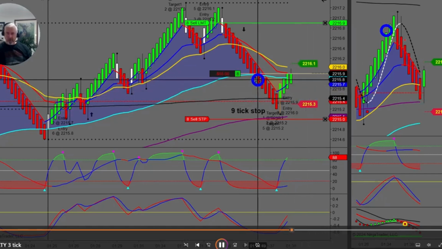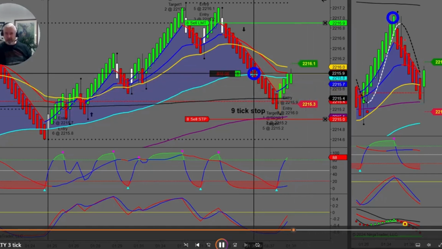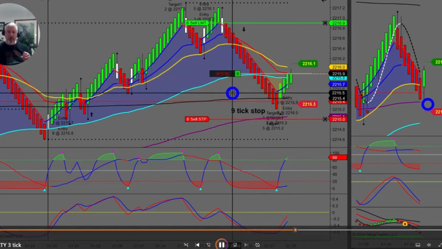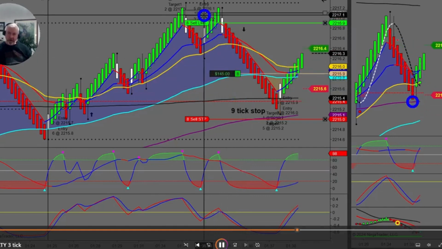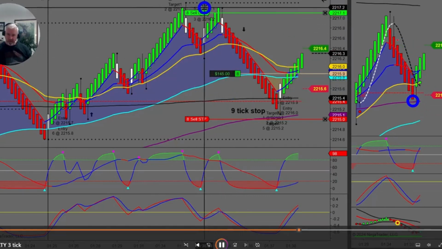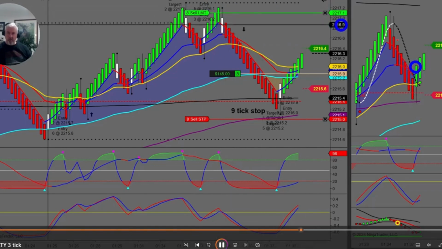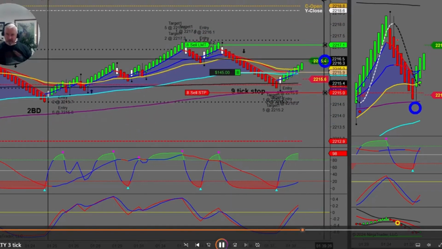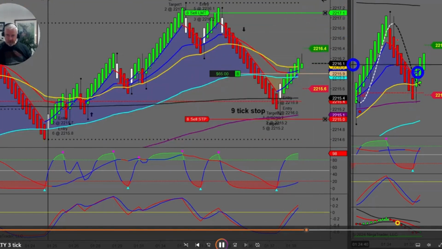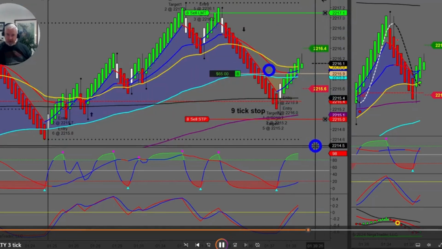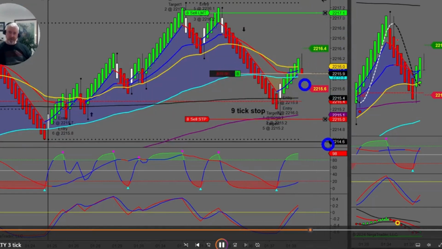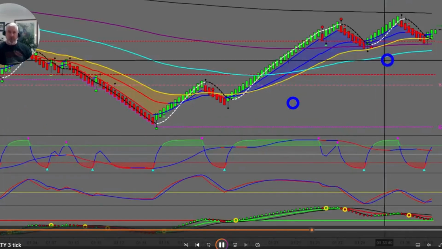Normally speaking, depending on your level of experience, if you want what I call insurance, you'd wait for your anchor chart 1 candle to close green. So you wait for the green, you want to wait for that to close green.